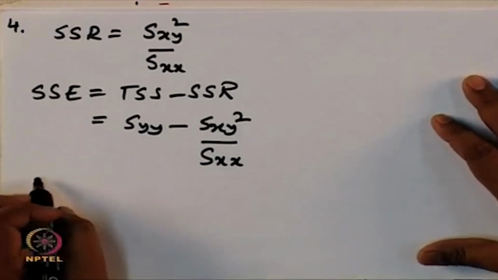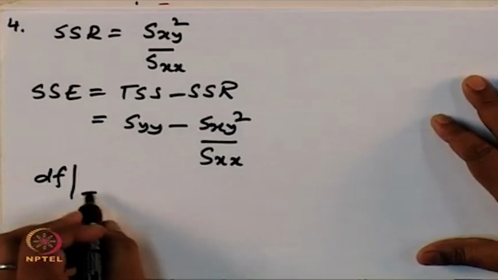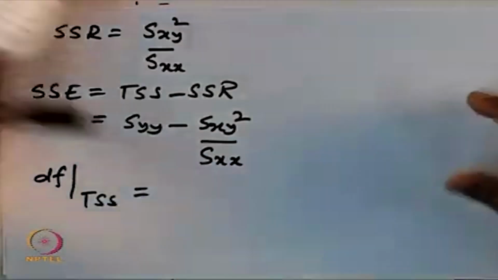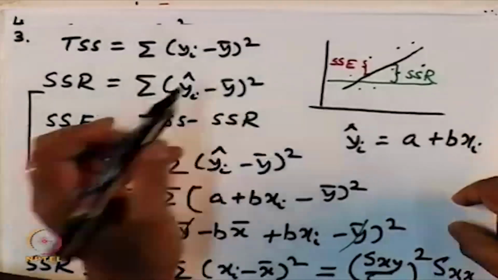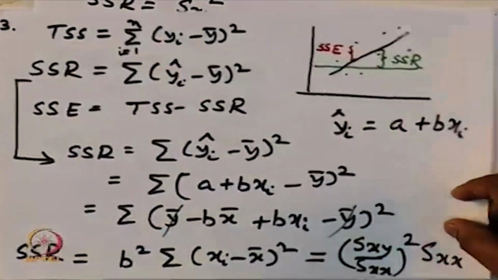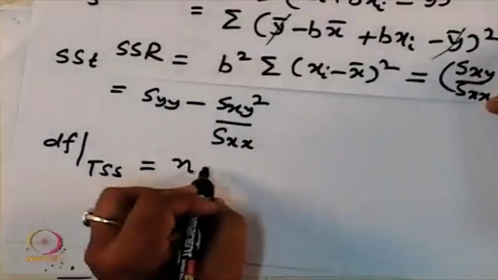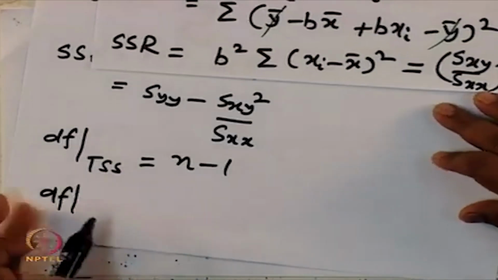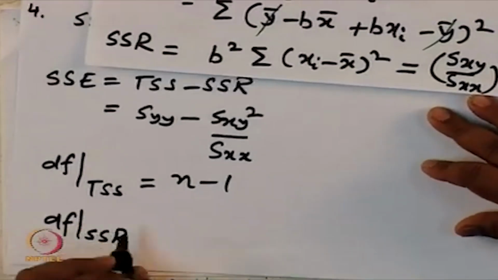Now, let us try to find out what is the degrees of freedom for each of those terms. Okay. So, degree of freedom of TSS. Since there are n terms which contribute, your TSS is summation of y across i equal to 1 to n. Okay. So, your df of TSS is n minus 1. What is the df of SSR? Okay.